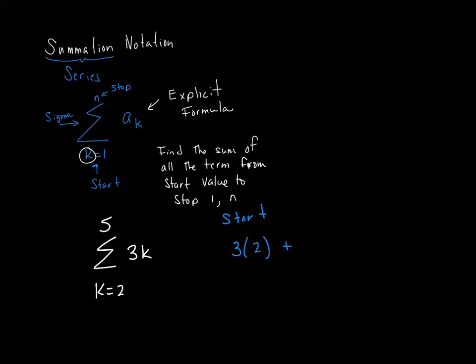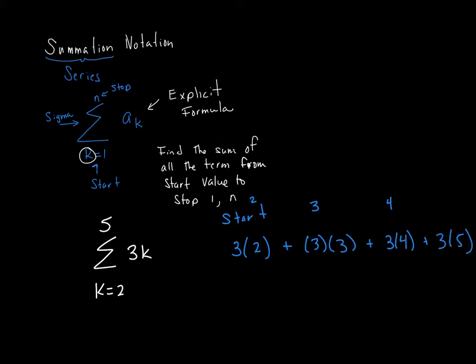The next value, I go up 1. The next value is 3, so that would be 3 times 3. Then the next value is 4, so that is 3 times 4, and then finally 3 times 5.